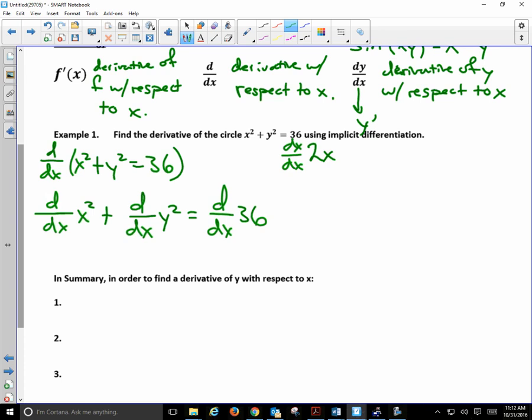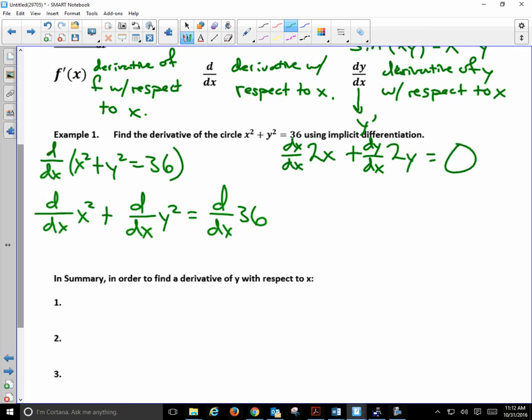It's like dx over dx times 2x. Plus, what's the derivative of y squared? 2y. And again, the power of y was reduced by 1, so they'll put that 1 up there. And then what's the derivative of 36? 0.